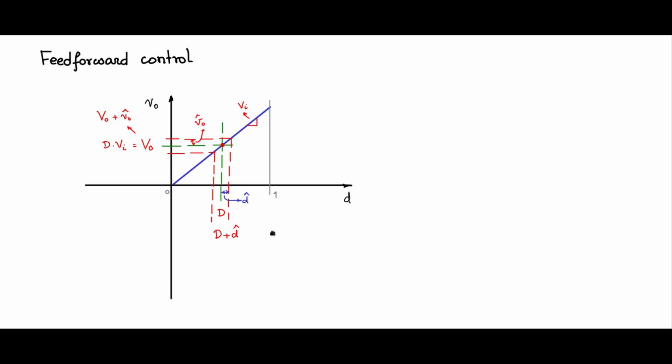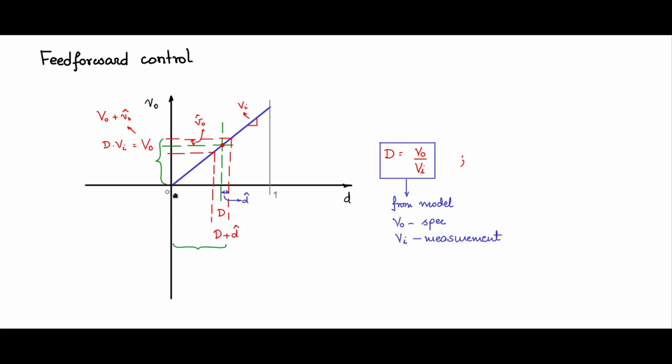So in the normal PI control that we discussed till now, without the feed-forward control, I will just write down D is V0 by Vi, and this is coming from the model where V0 is a specification and Vi is measured from the circuit. Why this is important is that the control input variation D is supposed to handle the complete variation of V0.